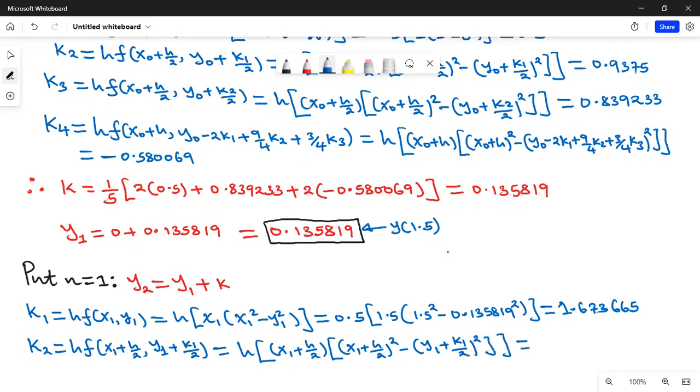Of course you need to substitute the values of x1, y1, k1, and h, which we have there already. When you press in your calculator, you need to get 1.851893.